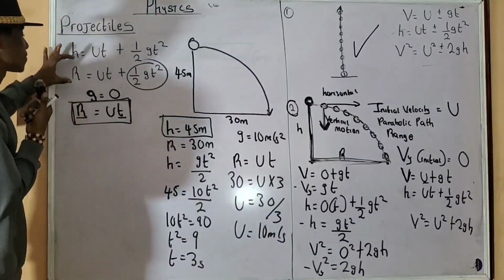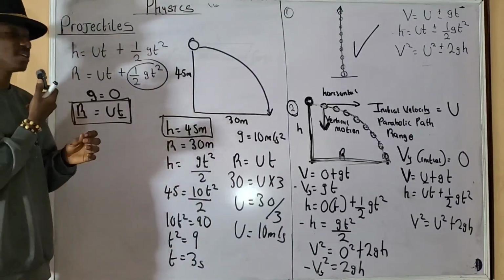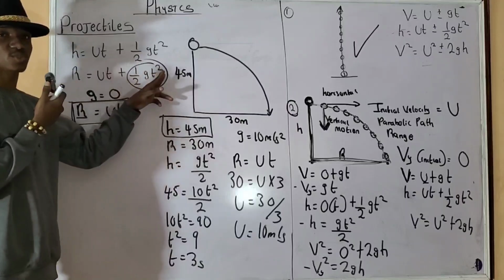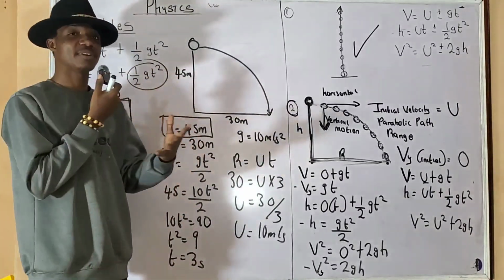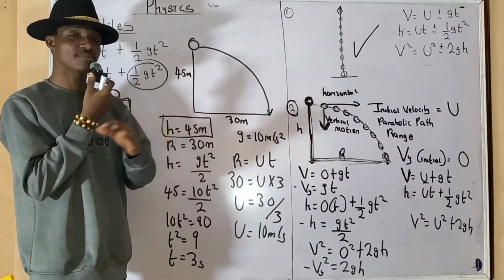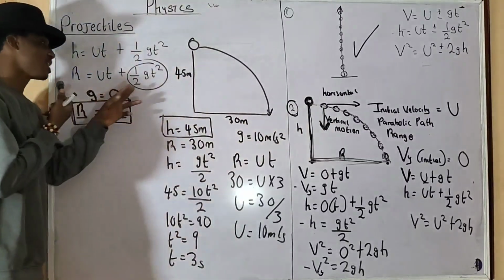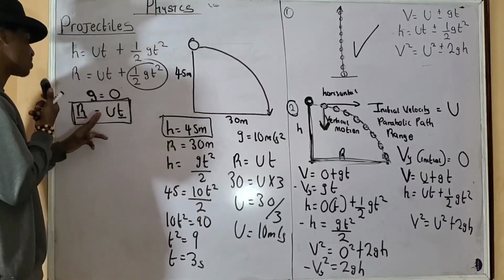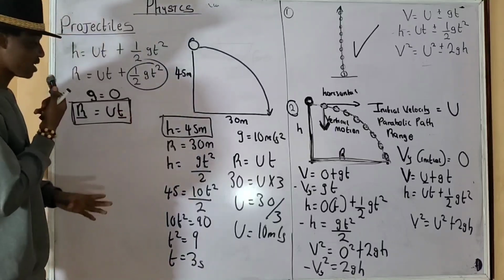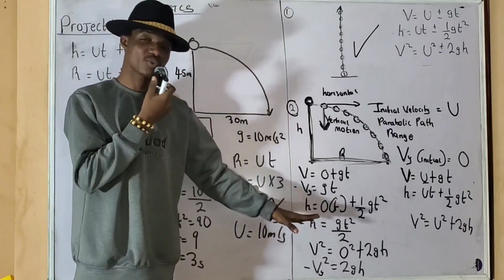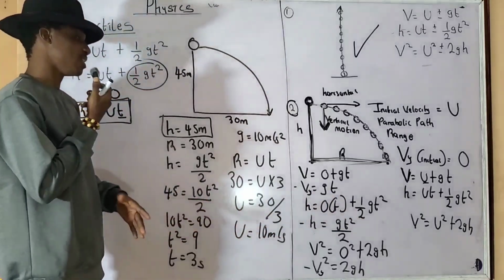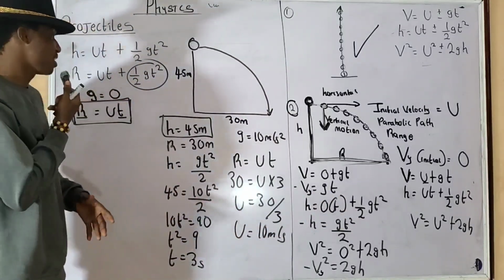And from this formula, the horizontal distance is equal to ut plus 1 over 2 gt squared. Now, because there is no up and down, we didn't have any vertical motion, so acceleration due to gravity is 0. So replacing g as 0 in this equation, you're going to have R equals to ut. So that is how I arrive at this. Please, I want you to pen down this formula in your note because we're going to be using it extensively in the next calculation, okay?